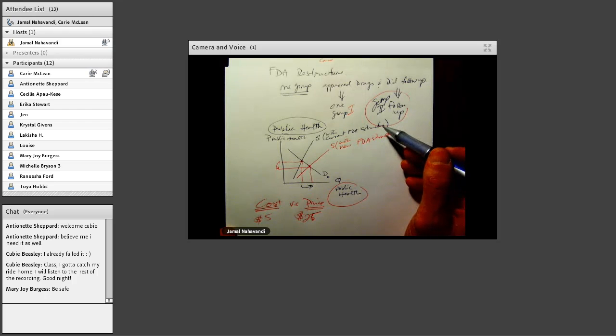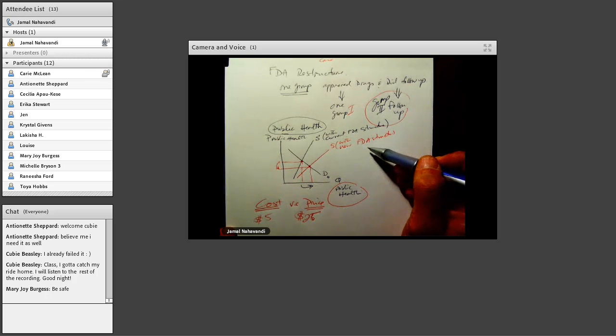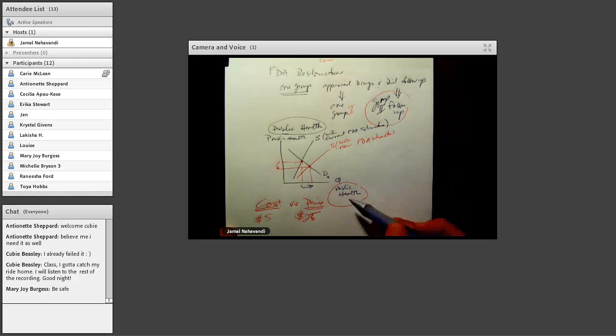If FDA restructures itself and therefore the quality of drugs in circulation is improved, then that impacts public health because of better quality drugs in circulation, and therefore cost to the society, and therefore price will have to fall. Now, it doesn't mean that literally in the stores you pay less for drugs.